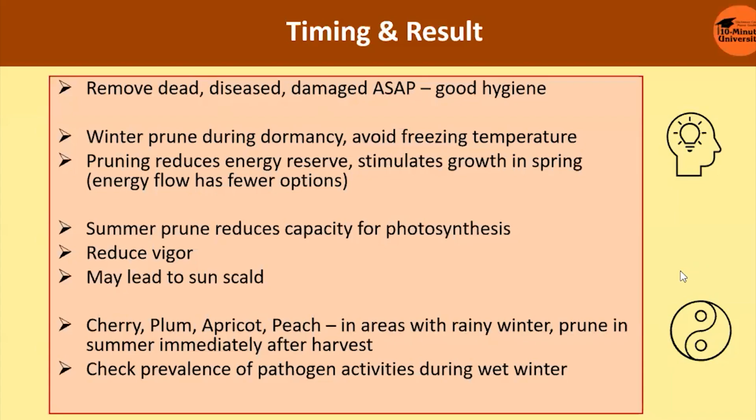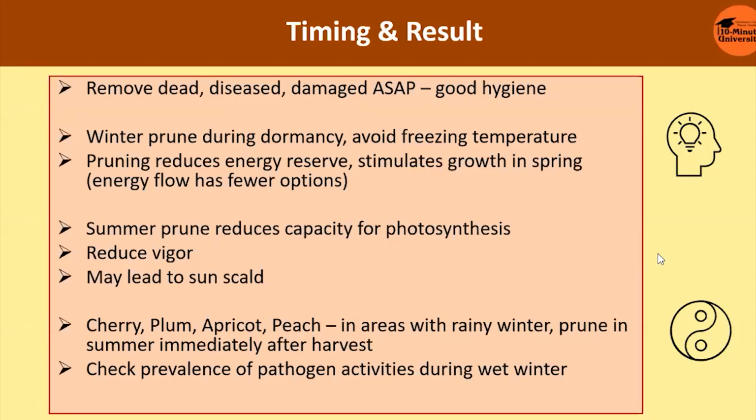Now, if you prune in the summer, pruning will reduce the capacity of photosynthesis because we're taking off a number of leaves. And that can reduce the vigor of the tree, kind of put it on the diet. And if you do too much removal of the foliage, it can lead to sunscald.